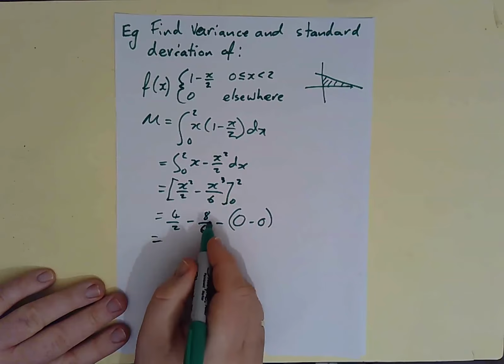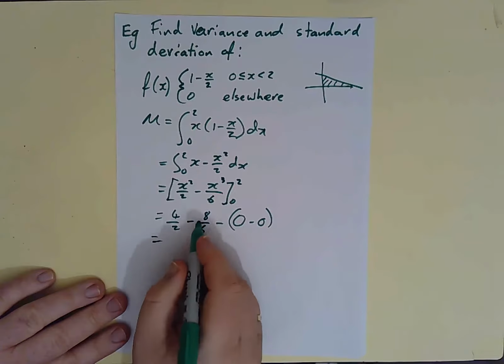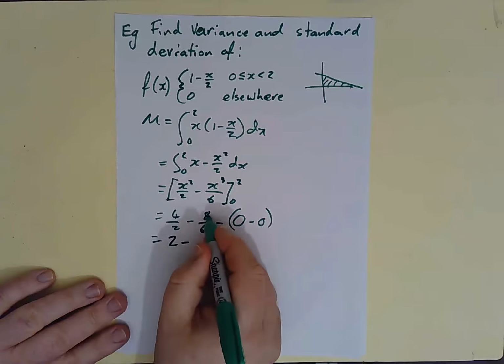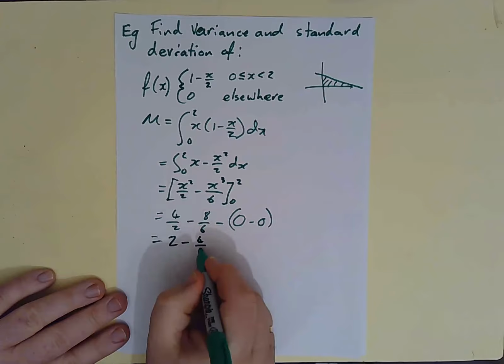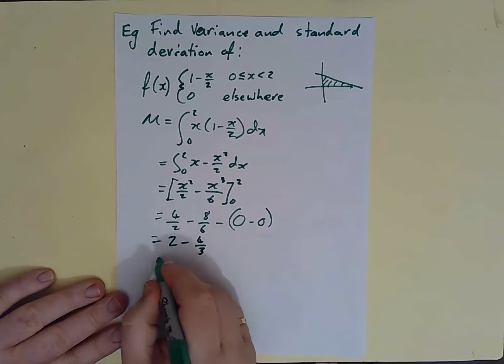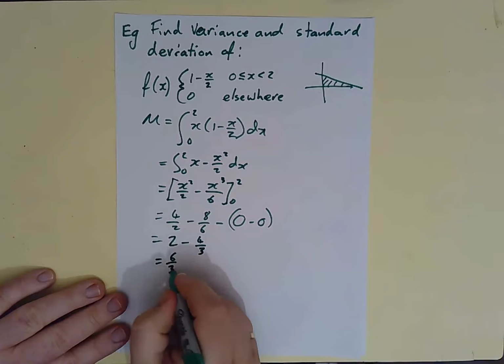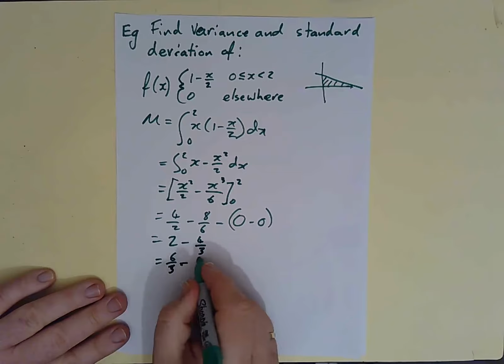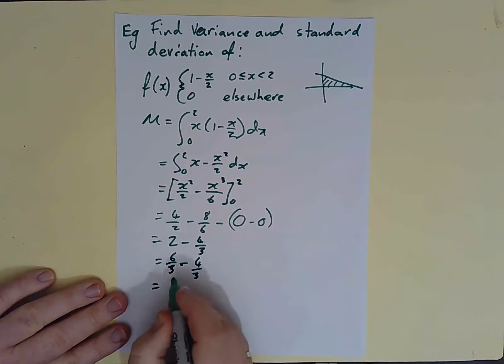So that's going to be 2 minus, let's make that 4/3. So that's 6/3 minus 4/3 is going to equal 2/3. So our mean is 2/3.